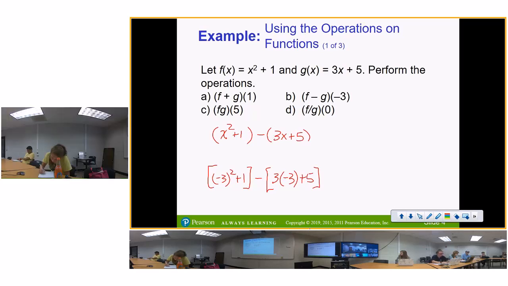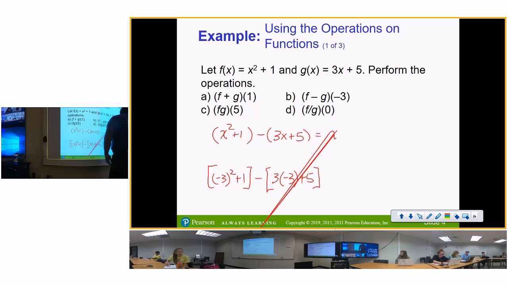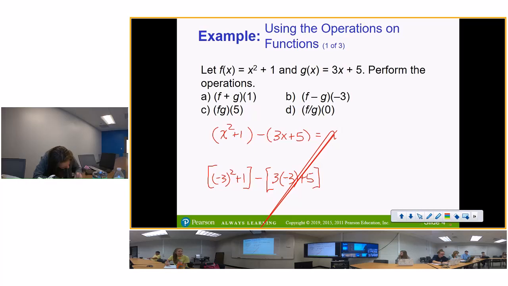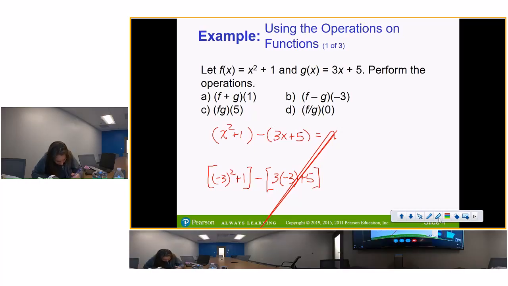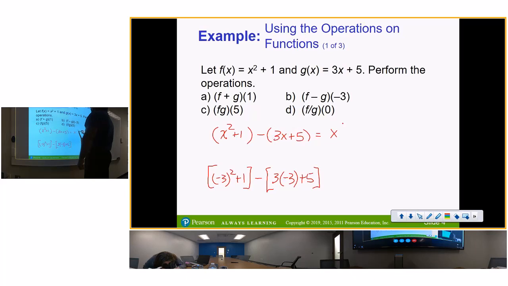So this will give us x squared plus 1, and then minus 3x minus 5.